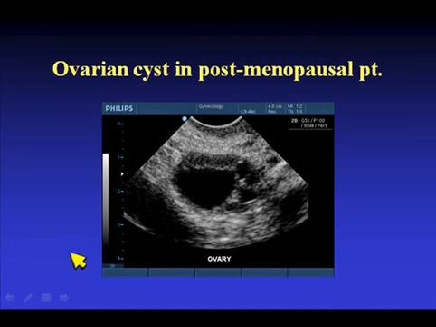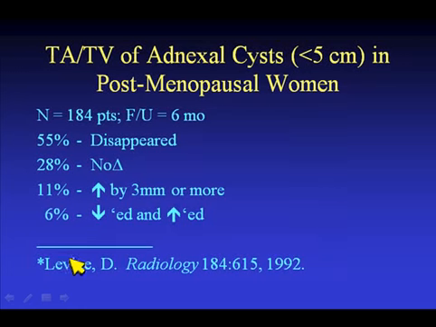In postmenopausal women, it's not uncommon to see a smooth-walled cyst less than 3 centimeters, and these are probably inclusion cysts. Now, in a study which was done many years ago in follow-up of patients with greater or less than 5 centimeter cysts, you could see that some of these in fact disappeared in postmenopausal women.